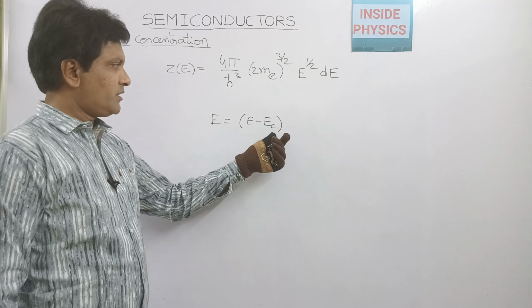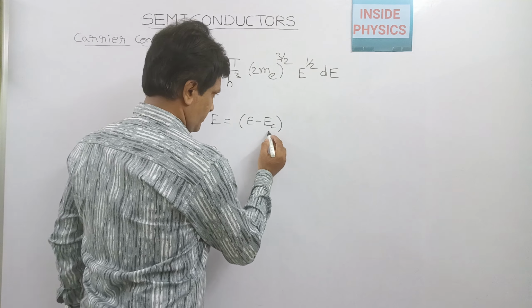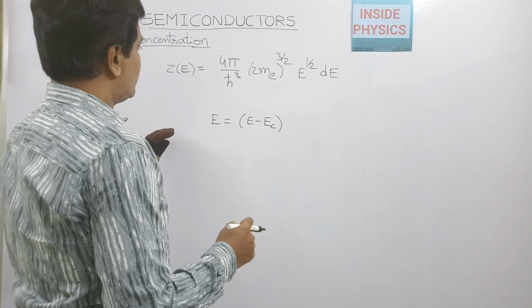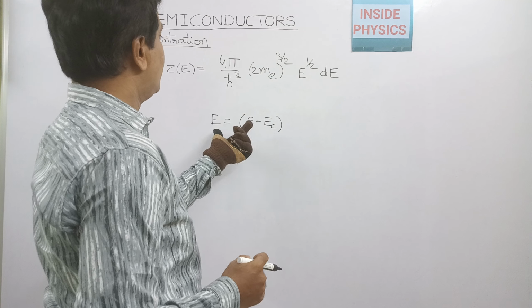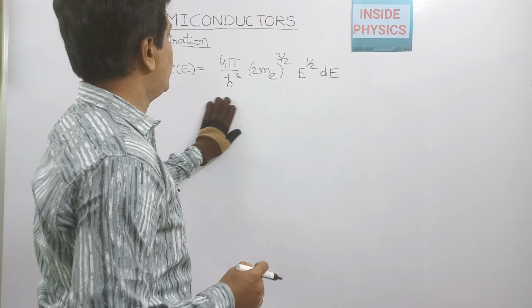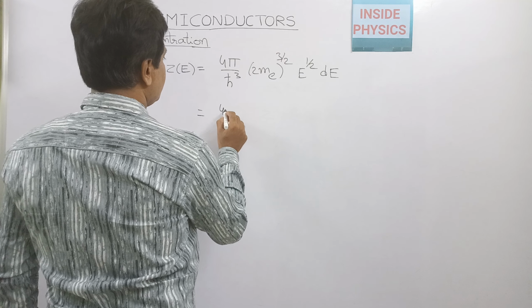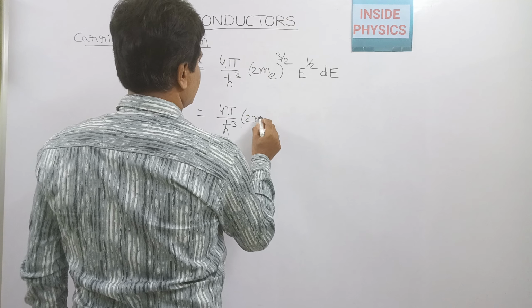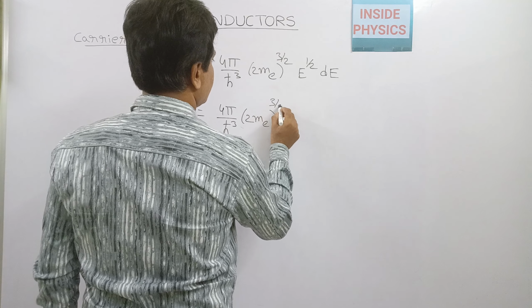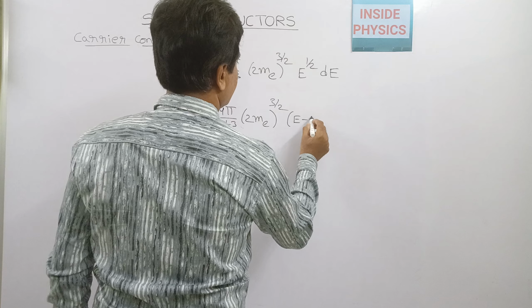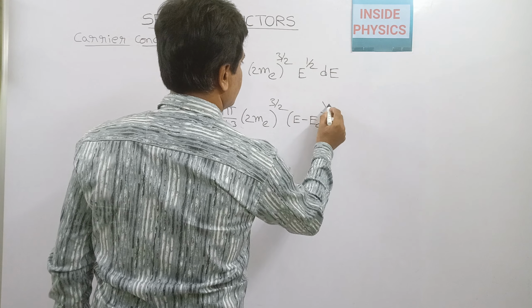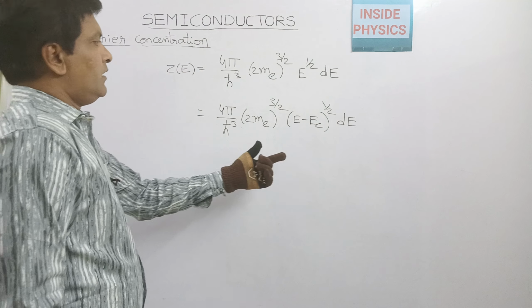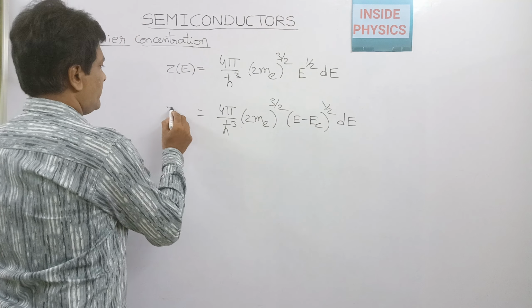E is the kinetic energy. So if we substitute the E value in this form, we get the expression for electron density.